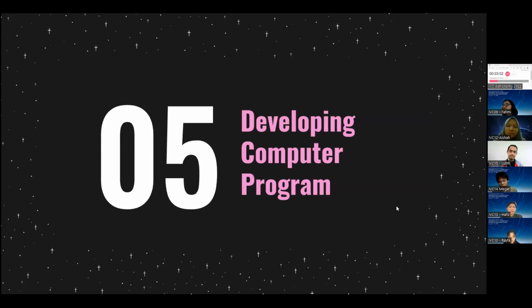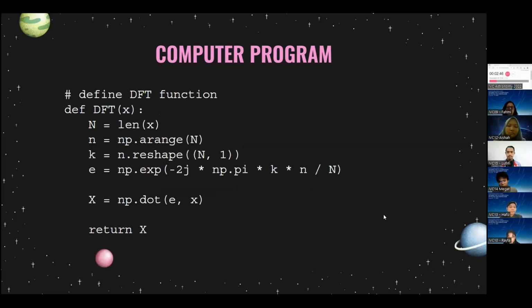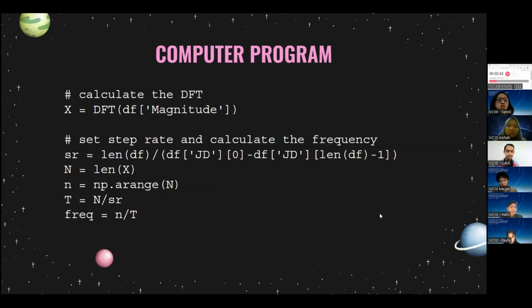Okay, after that, we develop the computer program. This is the computer program based on the previous numerical algorithm. So first we import the module and import the data. Next, we define the DFT function. After that, we calculate the DFT, set the step rate and calculate the frequency.